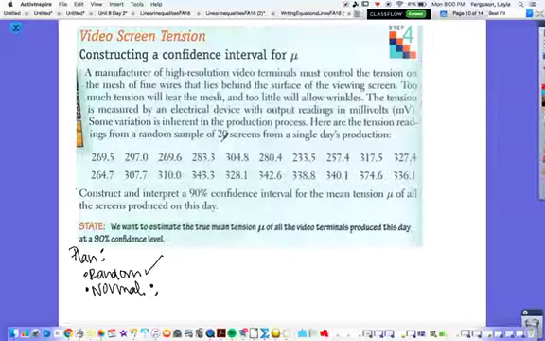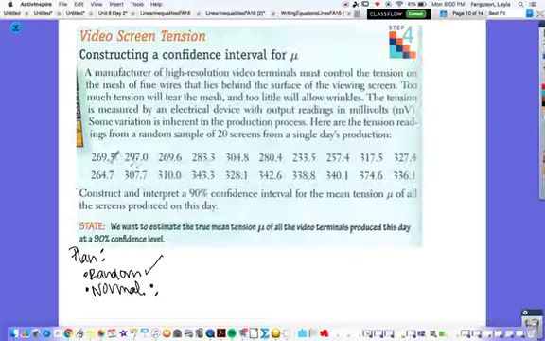So we have to look at the second condition that we can meet to be normal, and that's basically that the data looks normal, so it doesn't have anything that seems strange. Now you could look at the graphs, the dot plot or the box plot, and basically you are just looking to see that you are not strongly skewed in any way and that you don't have any outliers.